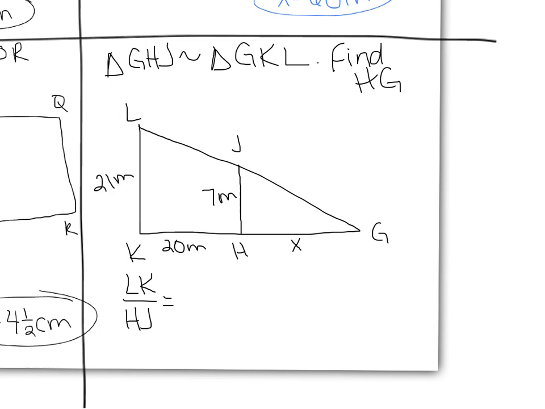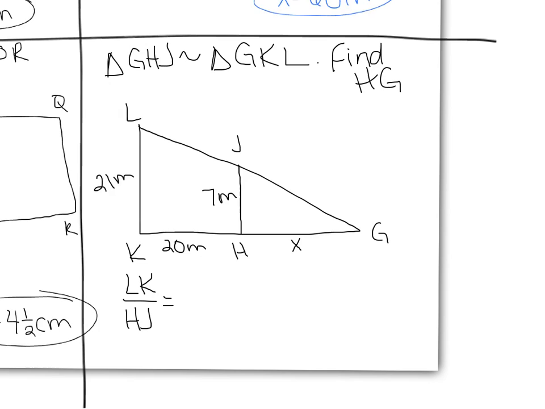Okay, now if we think about this, I know that I am looking for this measure here, which is the bottom of my smaller triangle. Now, I don't know the bottom of my larger triangle, but maybe I can represent it using these two pieces of information, and we'll get to that here in a second. So we're going to set up our other half of our proportion using the bottom of our triangles.